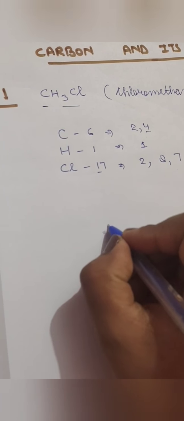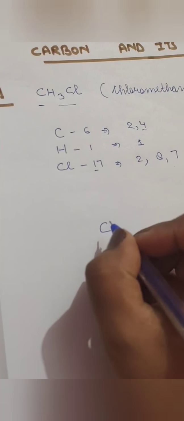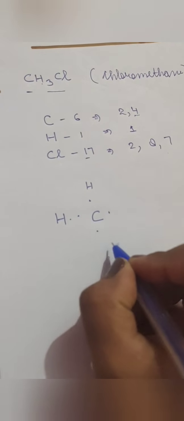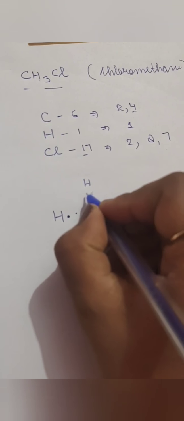This C will be at the center, because there is only 1 C here, and there will be 3 hydrogens because it's H3. So 1, 2, 3 and 4. Carbon has 4 electrons, so hydrogen will be here, and 1 here, and 1 here. So each hydrogen will have 1 electron.